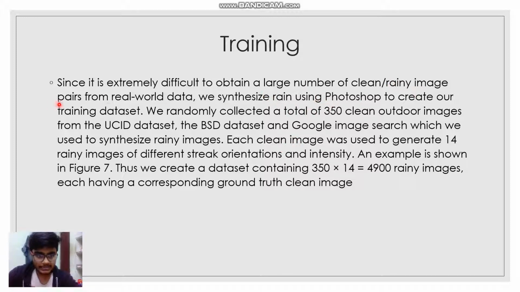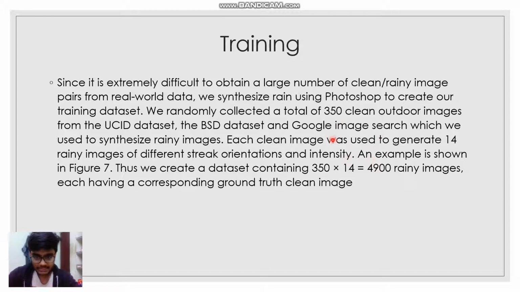Training. It's extremely difficult to obtain a large number of clean and rainy image pairs from real world data. So what we have done is that we have synthesized rain using Photoshop. We have created different orientations and intensities. We have randomly collected 350 clean outdoor images from the UCID dataset, BSD dataset, and also Google image search.